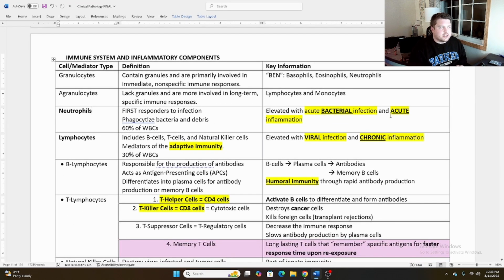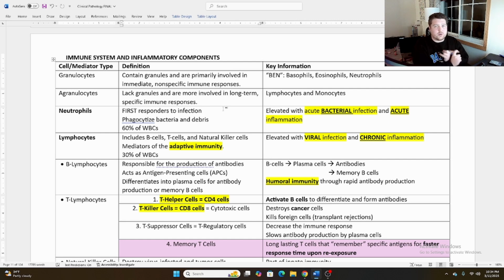We mentioned previously that with acute inflammation, neutrophils are the first ones to pop up. Anytime we have a question that specifically states that we did lab work and neutrophils are high, we immediately know this is an acute condition. This is not a long-term thing.